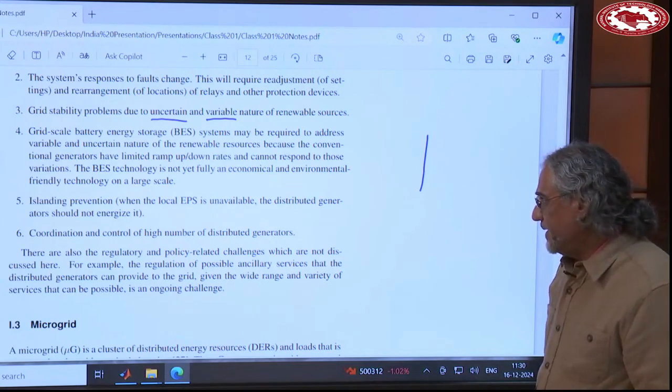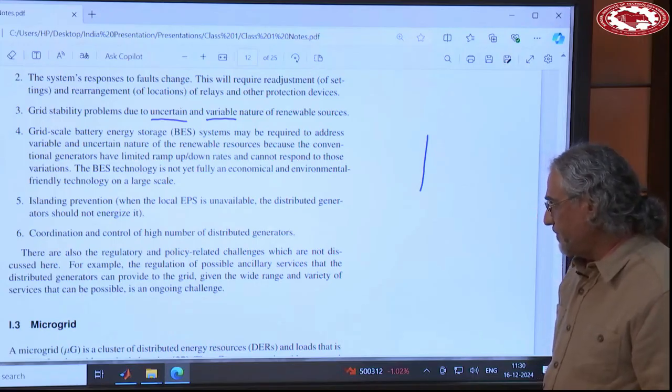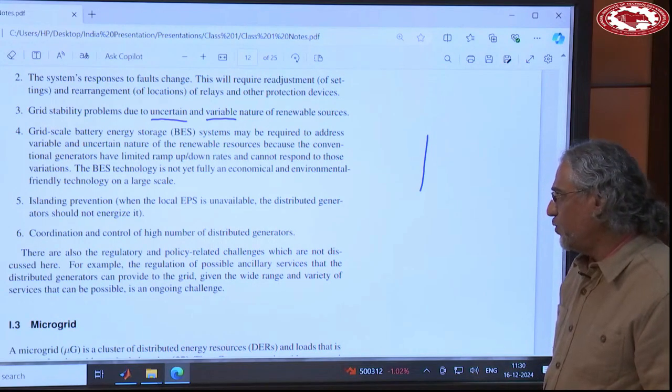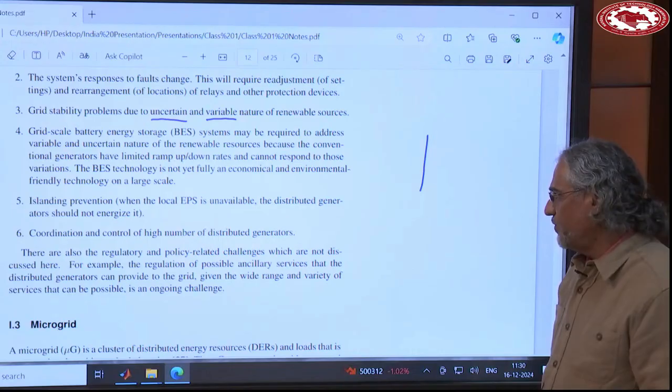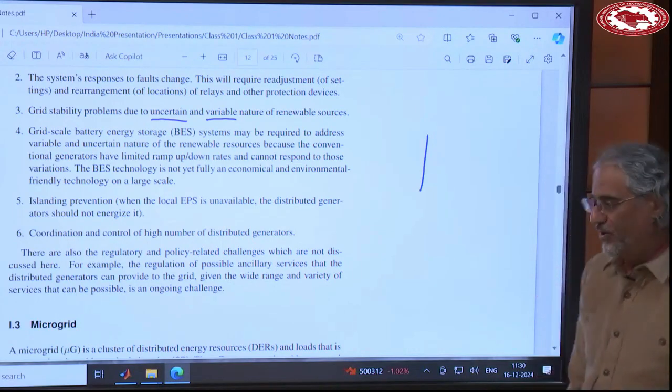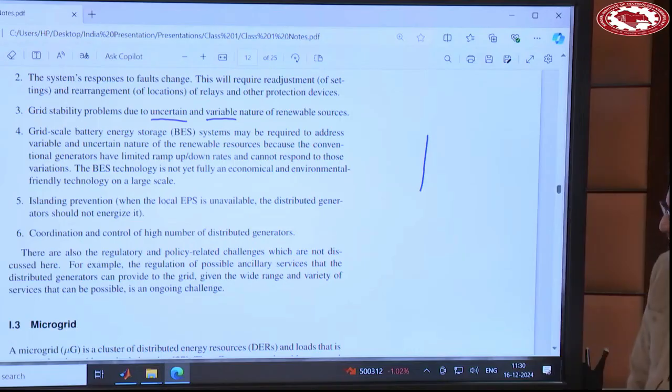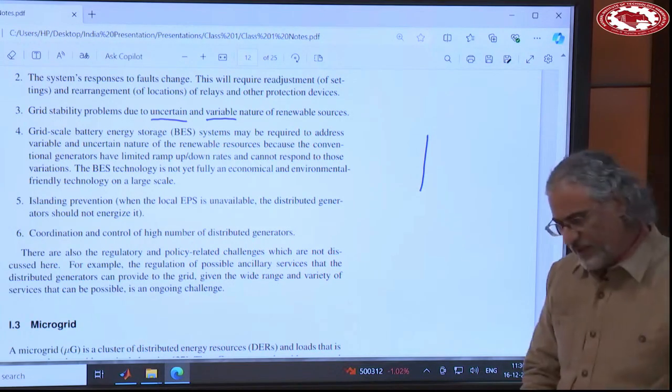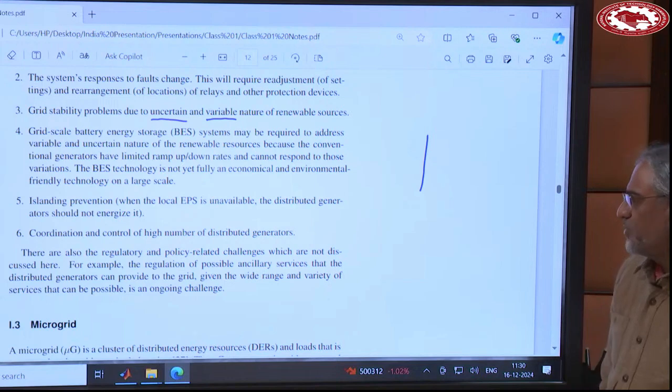And last but not least is coordination and control of this many distributed generators. How would you coordinate and control them, because now the number can grow to very large numbers if everybody wants to have a generator on top of their roof, such as solar photovoltaic or small wind turbines or things like that.